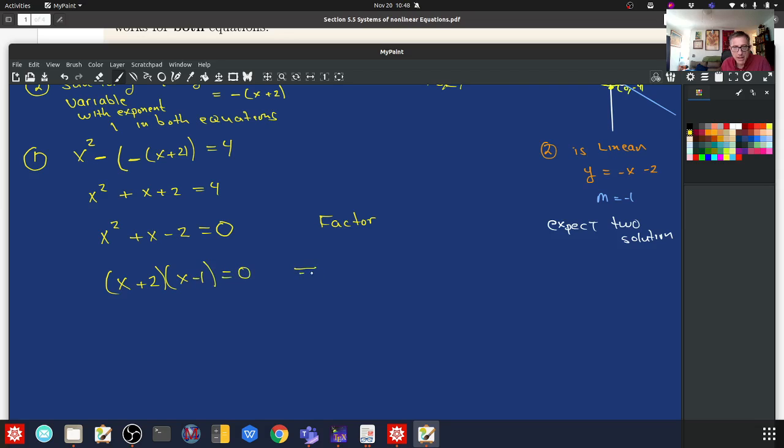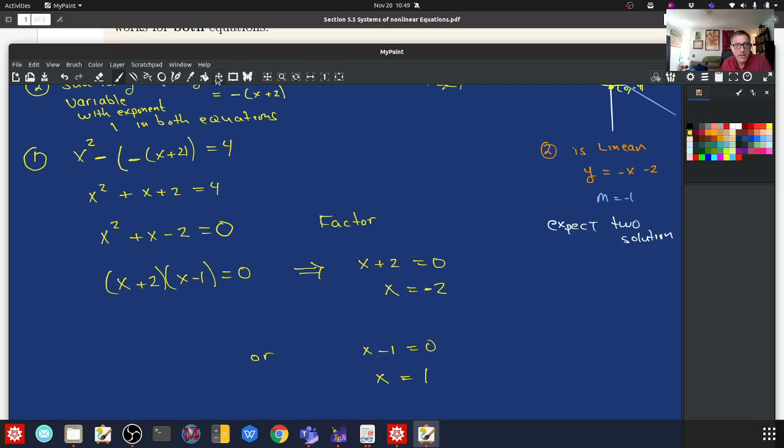So that implies x plus 2 is equal to 0, which means x is equal to minus 2, or x minus 1 is equal to 0, which implies x is equal to 1. So here are my two x values.